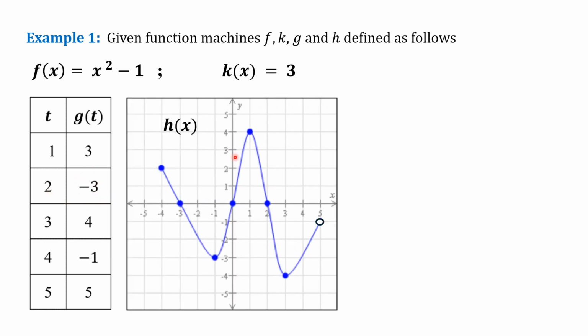The last function is the function machine h. If we evaluate h of negative 4, when x is equal to negative 4, the y value is equal to 2.